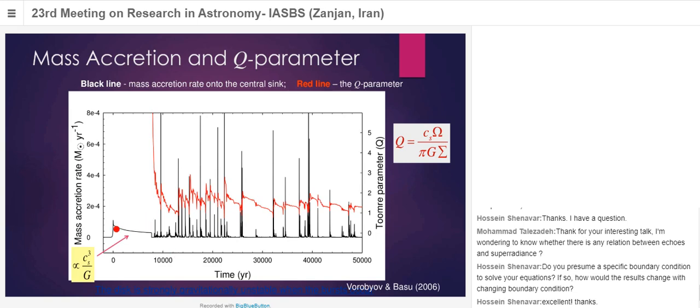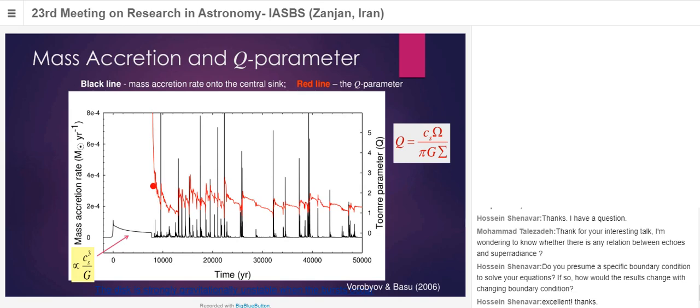That comes from self-similar collapse theory developed by Frank Shu in the 1970s, and the simulations more or less fit that, although the constant in front may be as large as 10. What you see here is if you plot the accretion rate and the average Toomre parameter of the disk in red, that the Toomre parameter after a burst goes down.